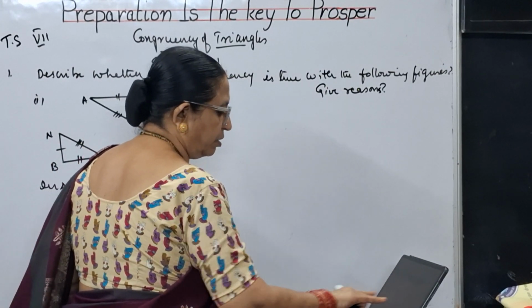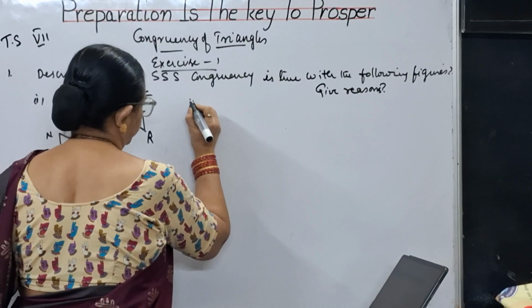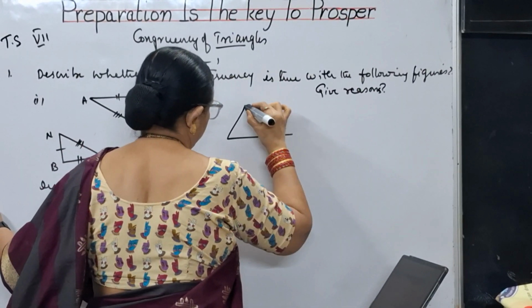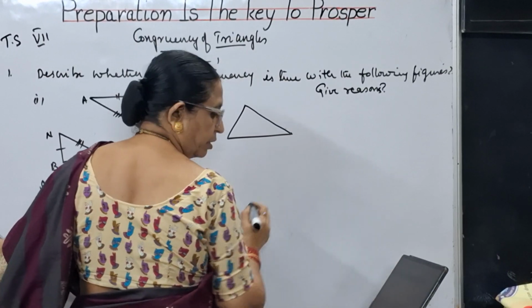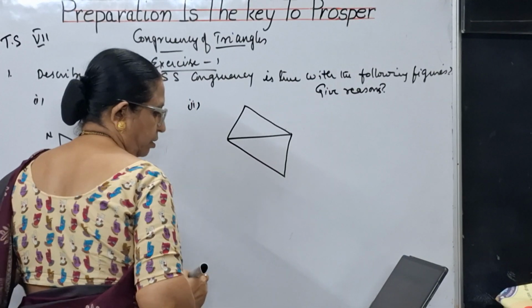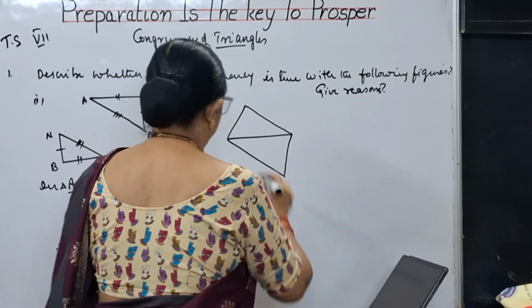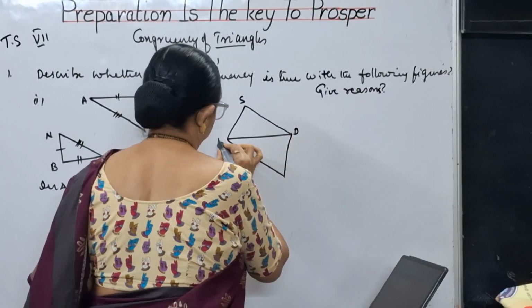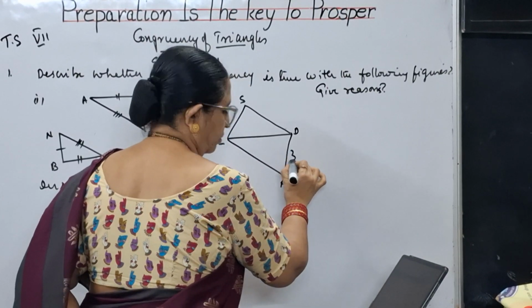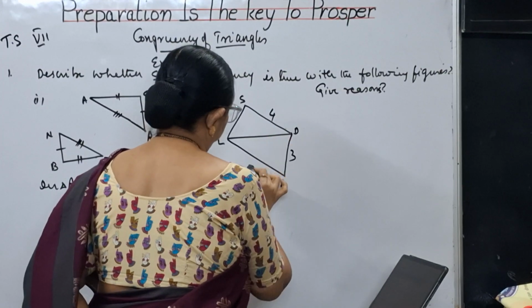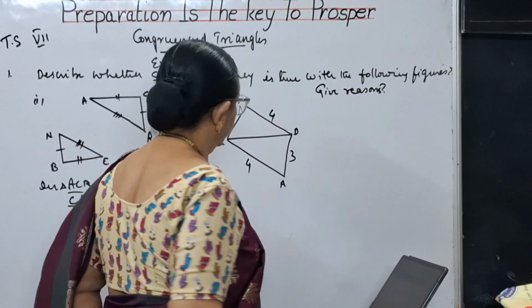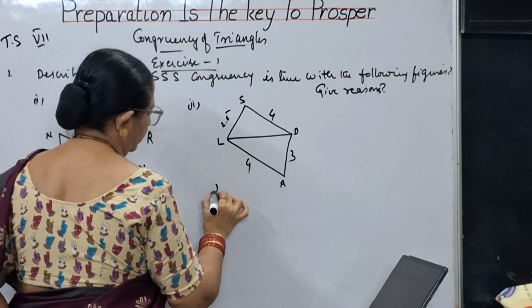And for the second bit, you have got a triangle drawn in this way and another one in this way. So this is SDL and here A. The measure here is 3. This is 4. This is 4. This is 2.5. So we have got two triangles.